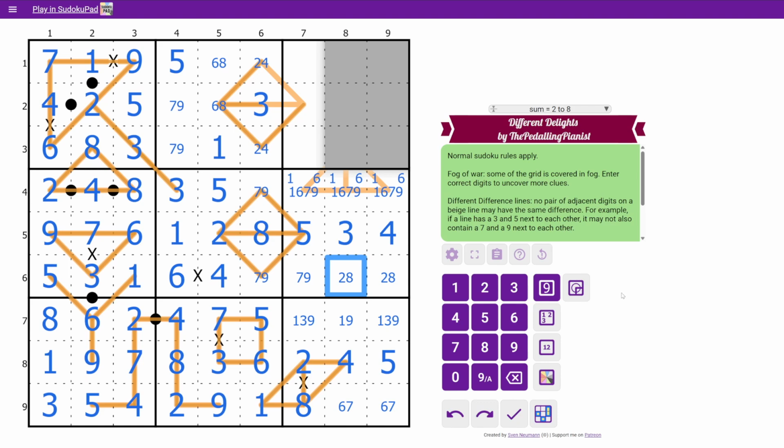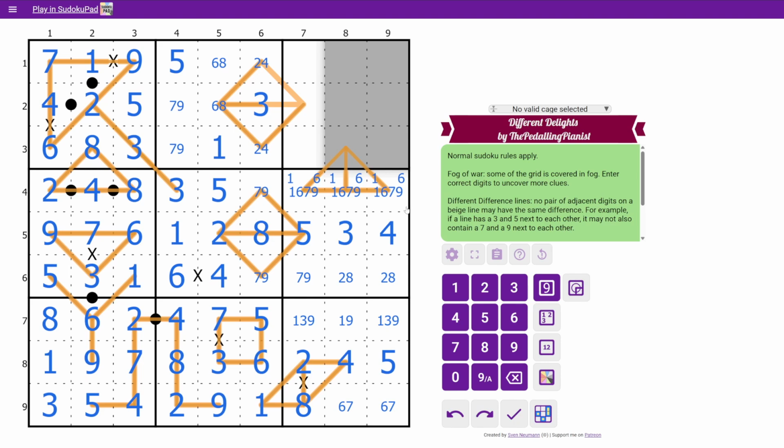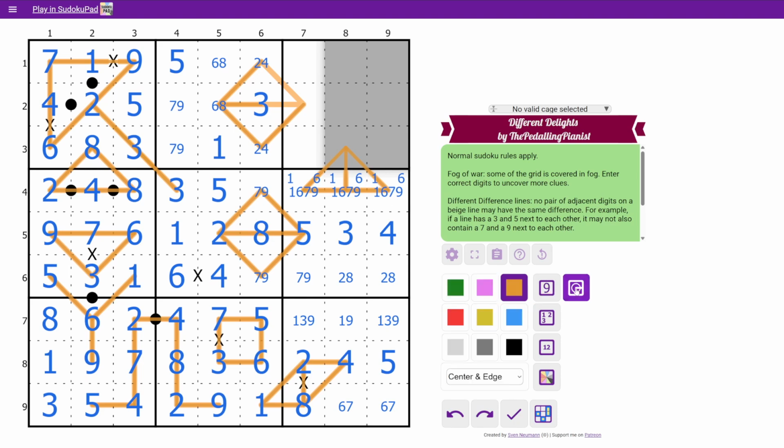So we get a new shape. With a lot of combinations still.